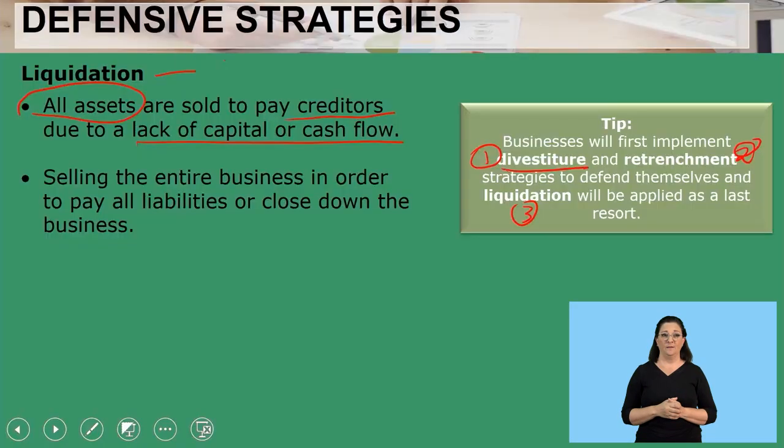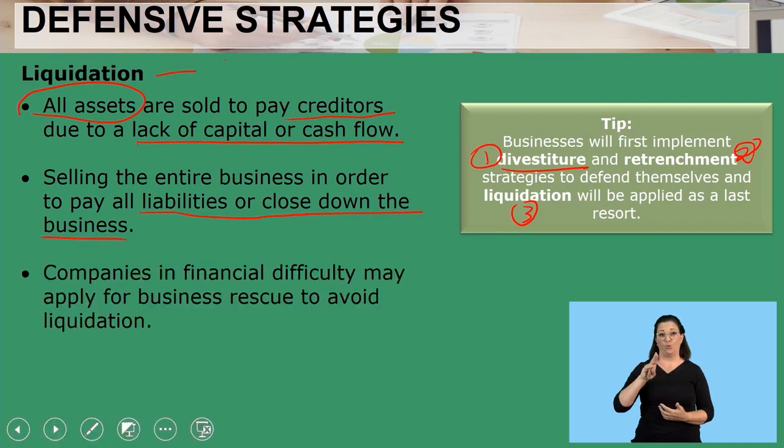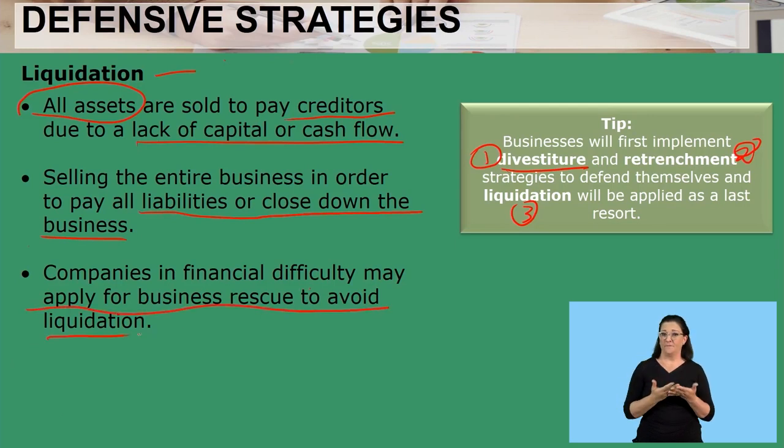We are saying it's over now. So we are selling all the assets to pay the creditors, selling the entire business in order to pay all the liabilities or close down the business. So that's what liquidation is all about. Companies in financial difficulty may apply for business rescue to avoid liquidation.